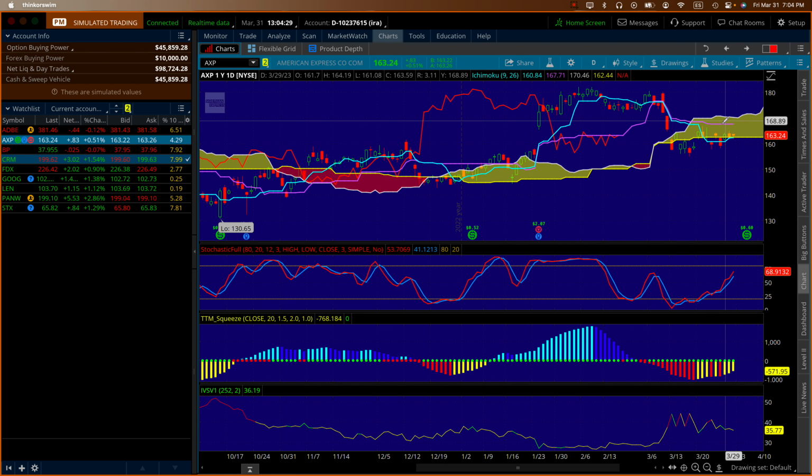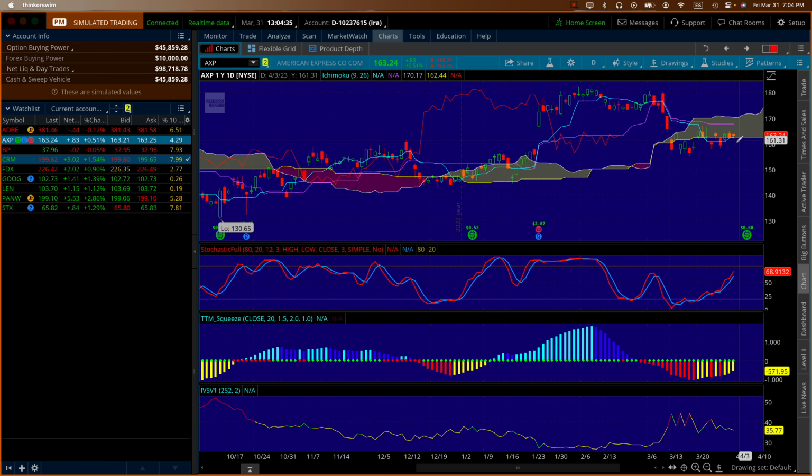It's moving into the Ichimoku cloud, and the only thing that concerns me is that it's going mostly sideways, but I'm not going to make a judgment based on that. The Ichimoku cloud is yellow, which means it's bullish. After this move here, the stock went up and down, doesn't matter.